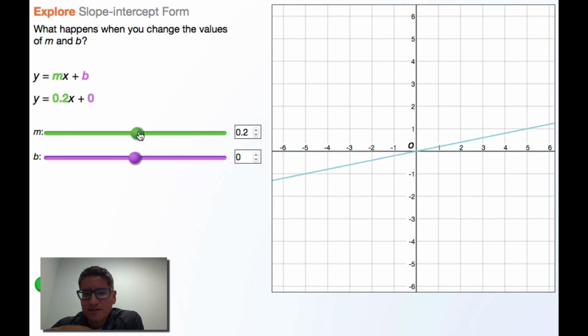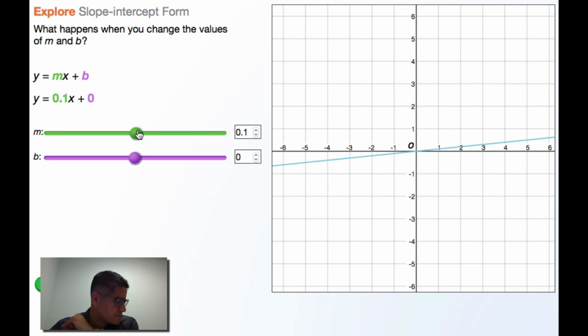So anything just above 0 is going to be just a slight increase, a slight slant. The bigger the number gets, the greater the slope, the more the vertical dilation. As it goes below 1, it becomes more of a horizontal dilation, okay? And eventually it'll be 0, where there is no slope at all.